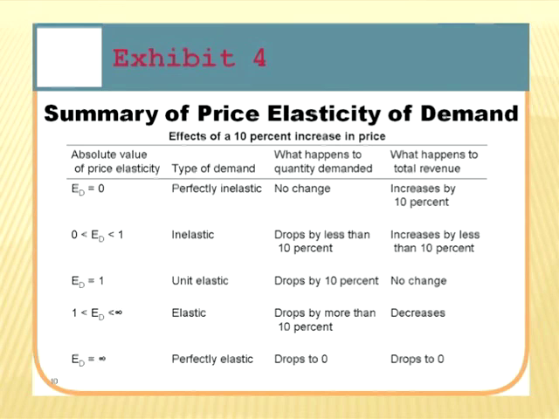In the case of elastic or responsive behavior, we have an increase in price of 10%. The drop is more than 10%. That is, they overreact from your standpoint, and the result is you actually have a decrease in total revenue. And in the case of perfectly elastic, we increase the price by 10%. We have no sales, quantity drops to zero, and thus total revenue drops to zero as well.